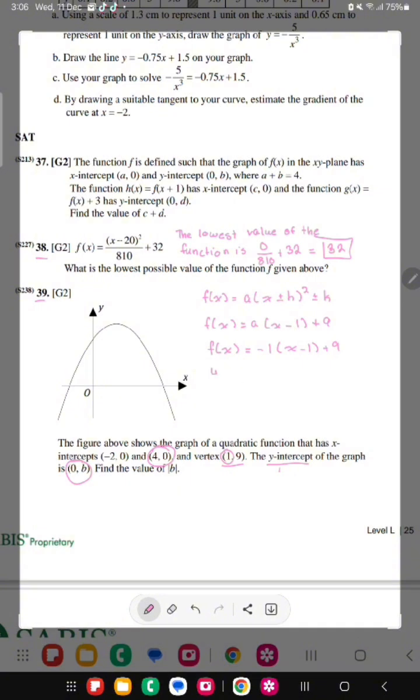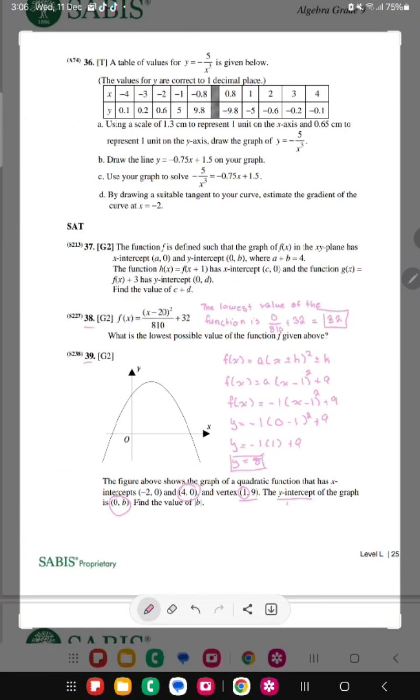So y is equal to negative 1 times 0 minus 1, sorry, I forgot to put the squared, plus 9. So y equals negative 1 times 1 plus 9, so y is equal to 8. So in written, you're going to write absolute value of b is equal to 8. This is your final answer.